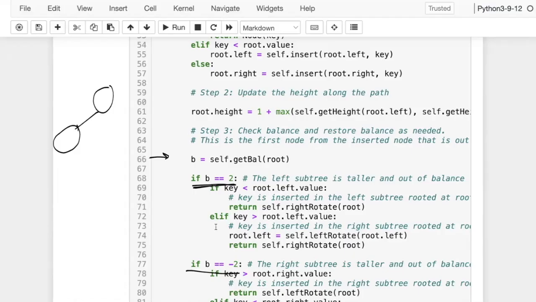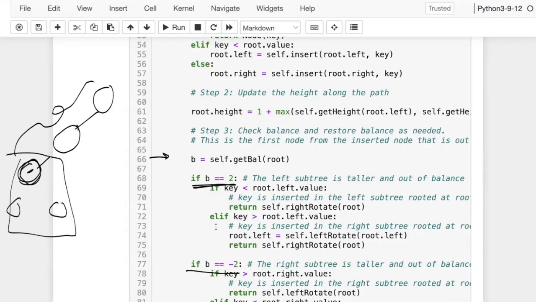So we look at this child, whether it's here, right? We look at these three immediate nodes. The key could be here, or could be this. Either way, we just need one rotation. In this case, we do a right rotation.